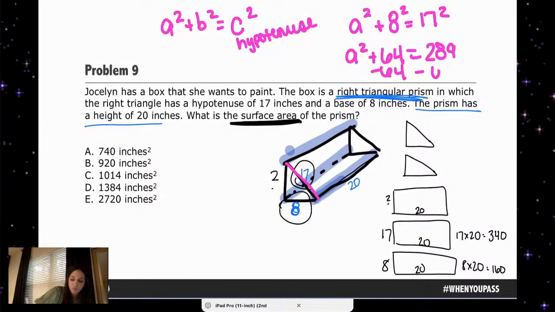Subtract 64 from both sides, and we get a squared equals 225, square root both sides, and a equals 15.